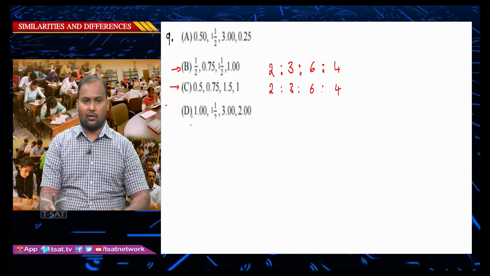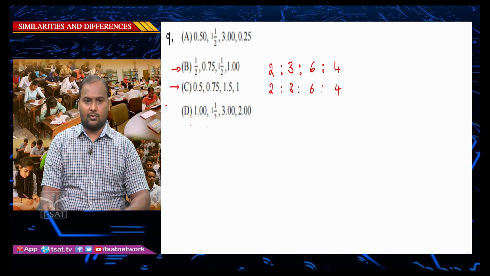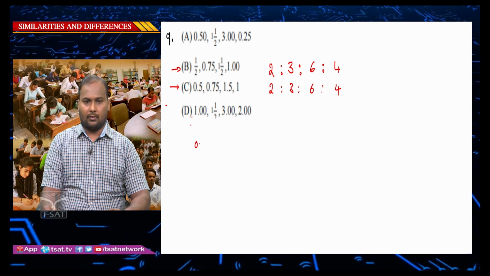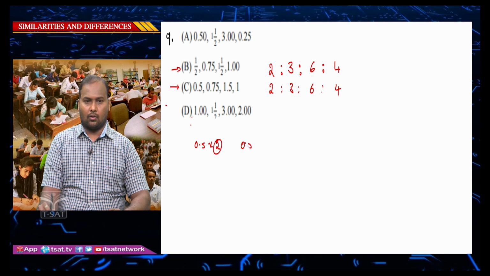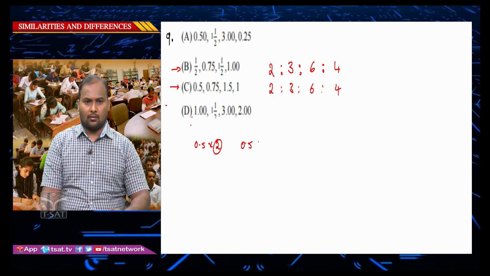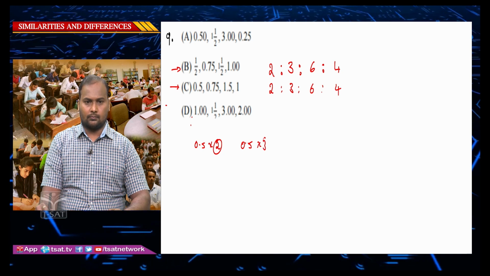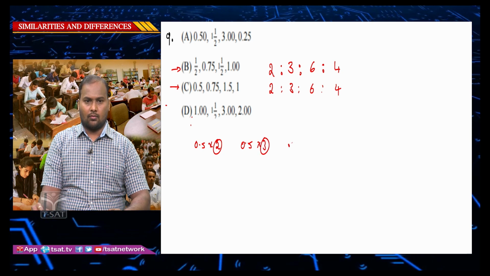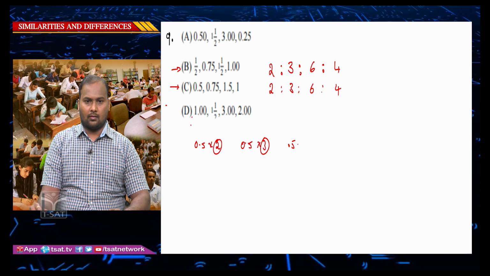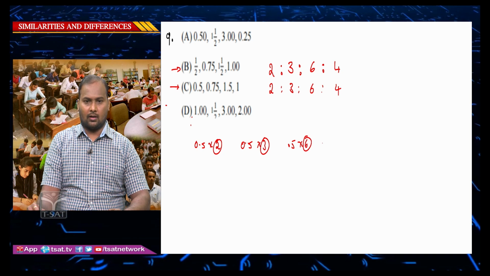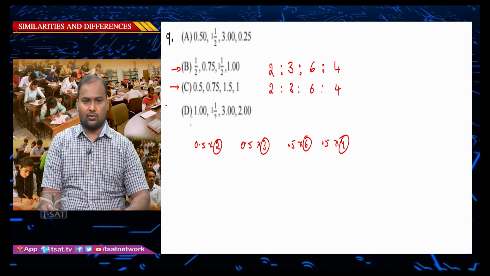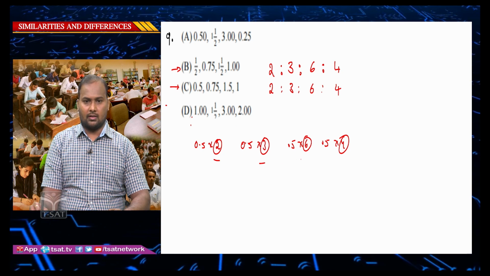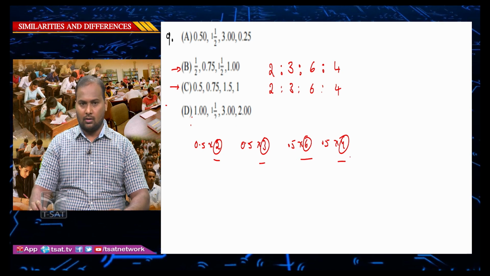Now, try to apply it for option D. So in option D, 0.5 into 2, similarly 0.5 into 3, 0.5 into 6, and 0.5 into 4. So everything is following the ratio of 2, 3, 6, 4. So that is the ratio that we can observe.